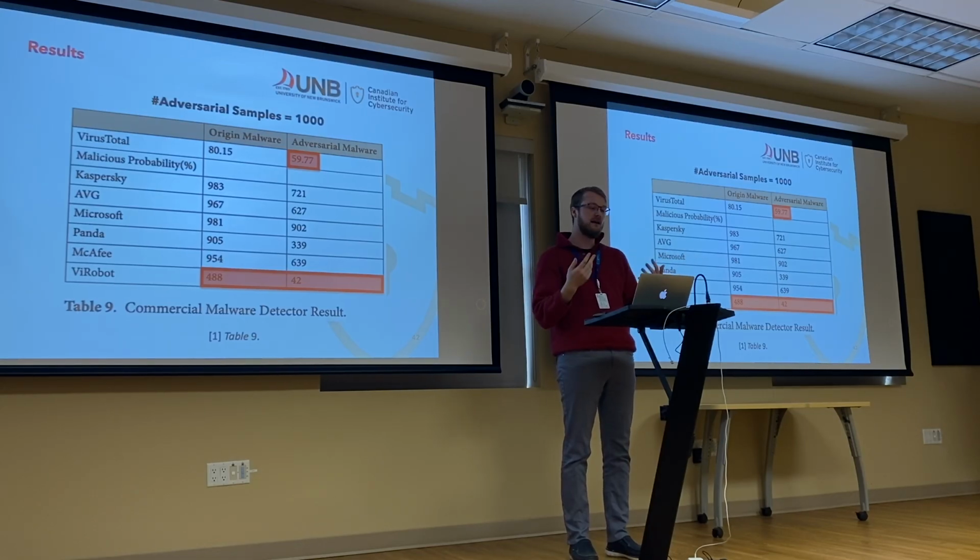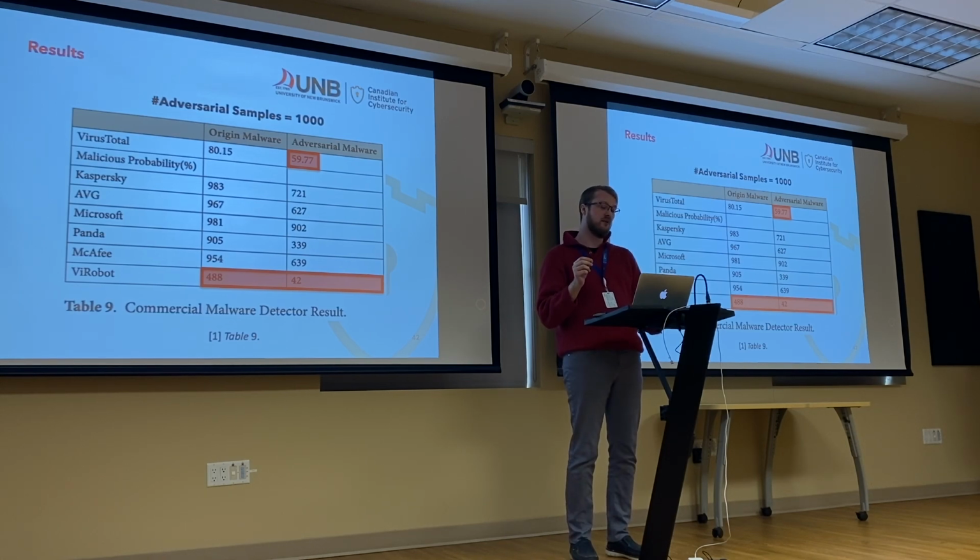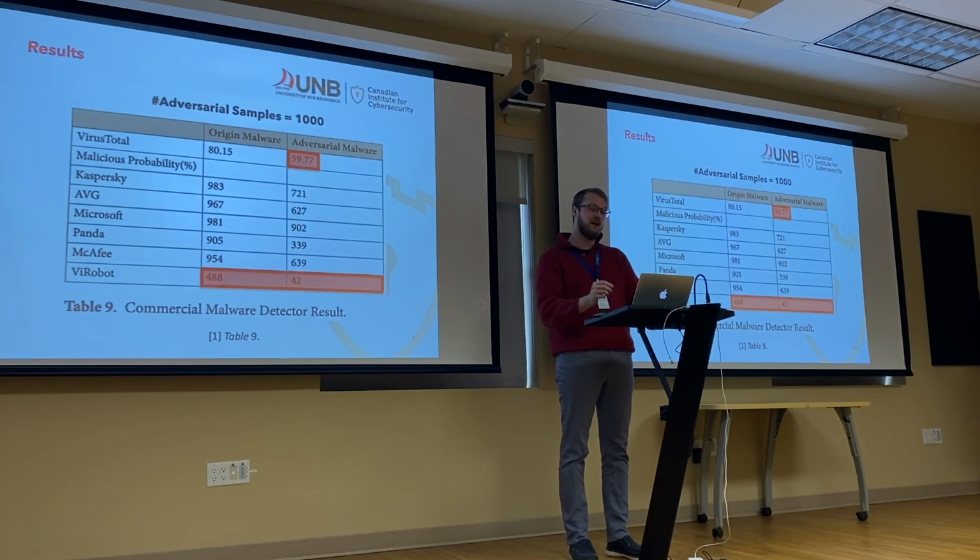And after we make our changes, we're able to drop the malicious probability predictiveness by 20%, which is not good. And in some cases, for some very specific detectors, we can effectively drop their detection rates to near zero. In this case, they didn't test it with 50,000 samples. That'd be a lot to just query the API with. So they just used 1,000 samples, but that's still pretty staggering.